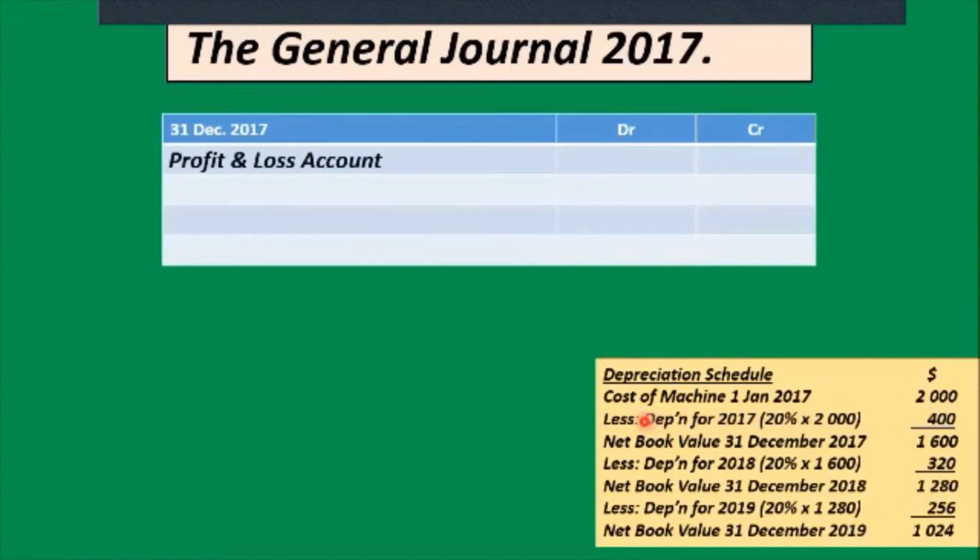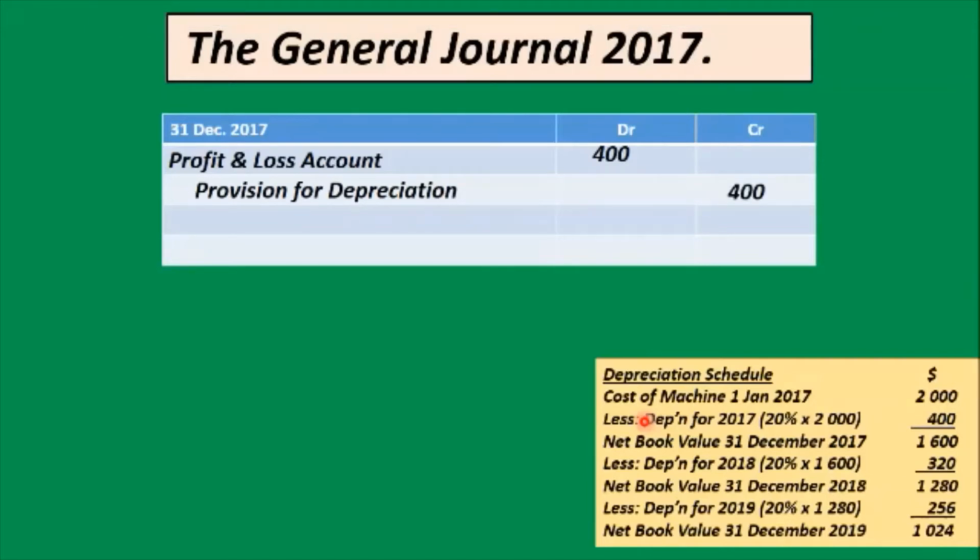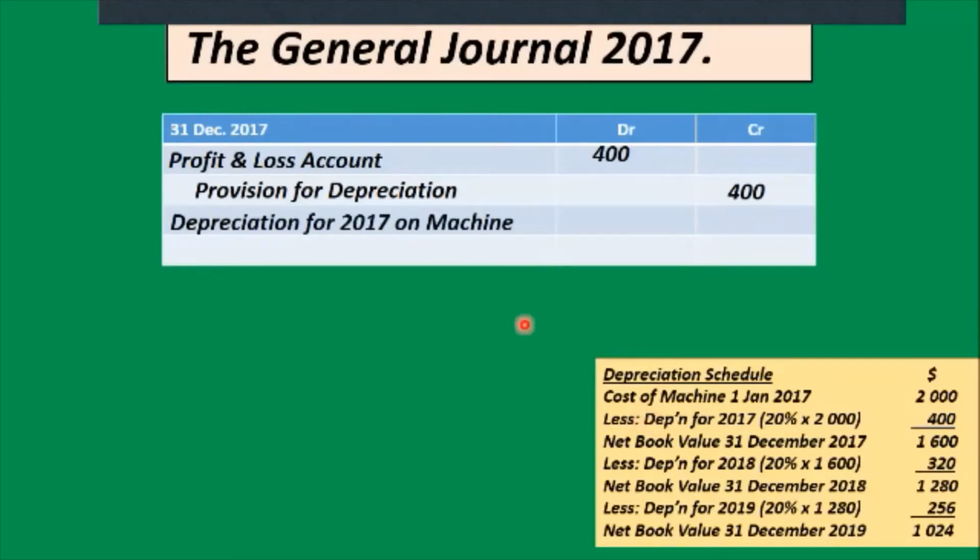We will debit our profit and loss account with the 400 and credit a new account called provision for depreciation on machine, 400 as well. And we have to write a narrative: depreciation for 2017 on machine. Okay, so we would have entered it in the general journal for 2017.